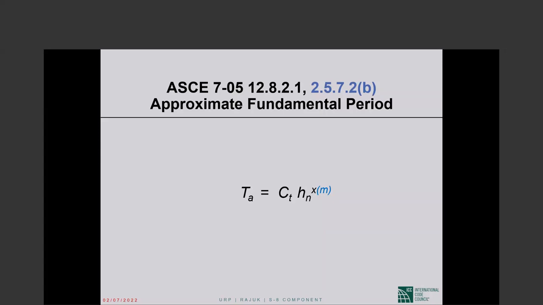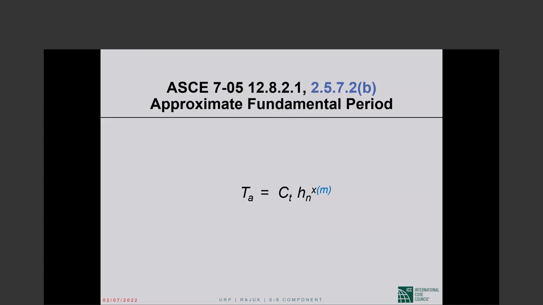Let us say we have a structure that is 500 foot long and 100 foot wide, a very elongated structure, 100 feet by 500 feet. In the 100 feet direction, the building is reasonably flexible. Well, let's take the longer.